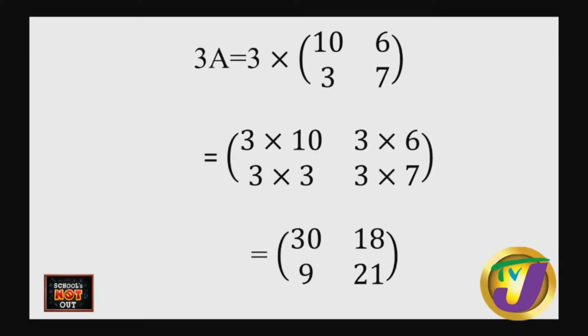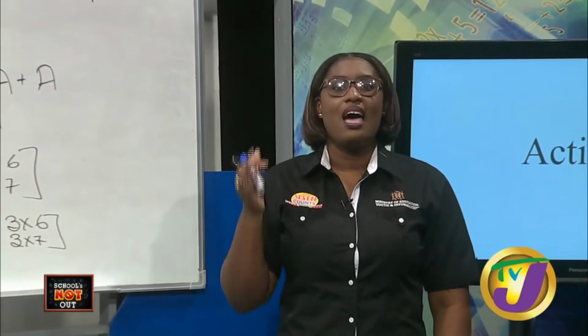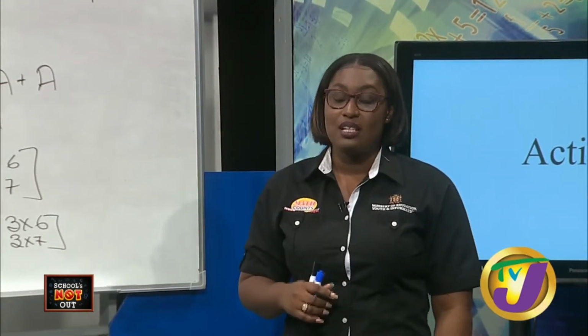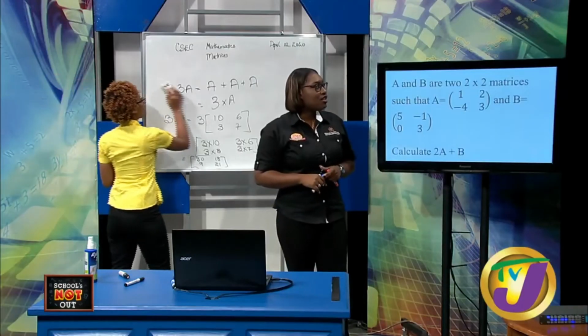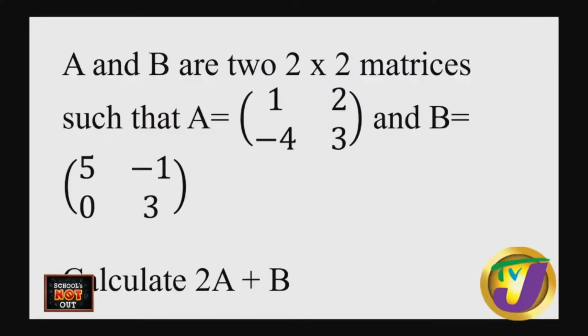All right, before we get into this activity, I remember earlier in the week, you looked at addition of matrices and we just looked at scalar multiplication. So we're going to put everything together in this activity. A and B are two 2 by 2 matrices such that A is 1, 2, negative 4, 3, and B is 5, negative 1, 0, 3.